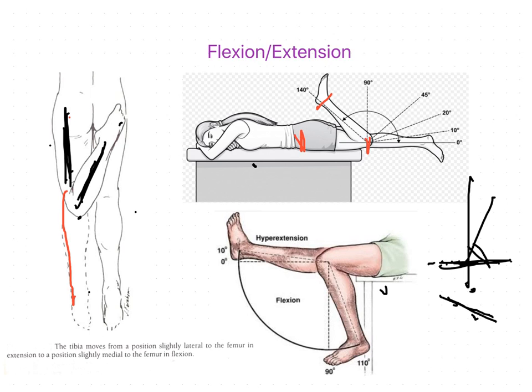Knee flexion may be limited to 120 degrees or less when the hip joint is simultaneously hyperextended. If the hip joint is hyperextended, then what is happening to the range of motion in the knee?